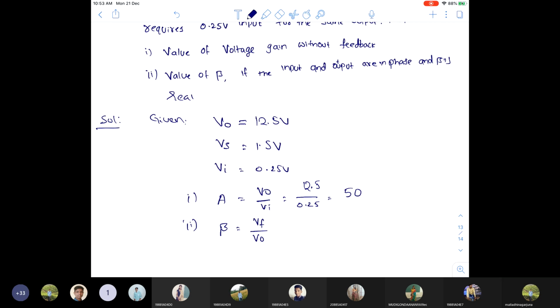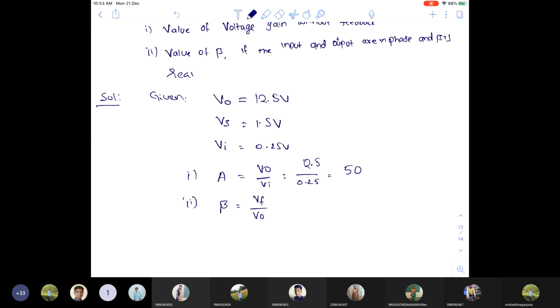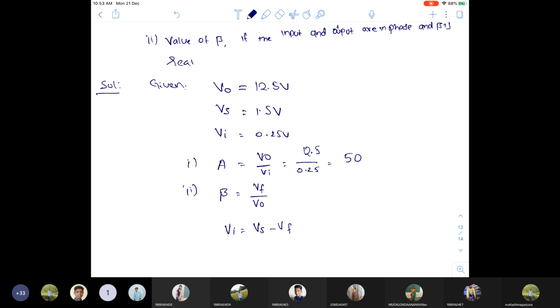Am I right? Yes, sir. Okay. So in this Vf by V naught, we have the V naught value, and how can we calculate Vf? We know the formula Vi equal to Vs minus Vf. So Vf equal to Vs minus Vi.